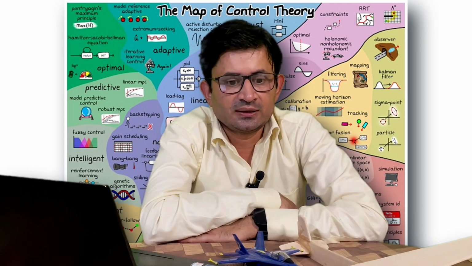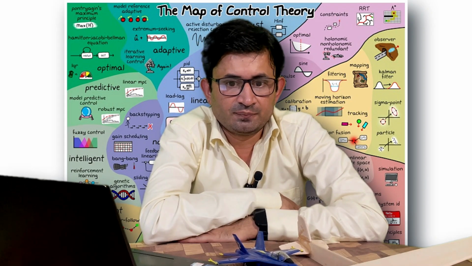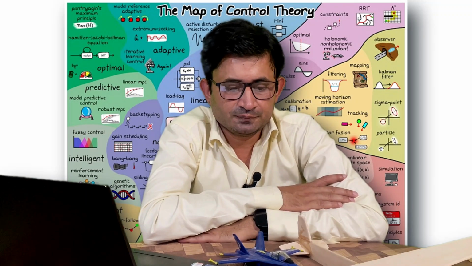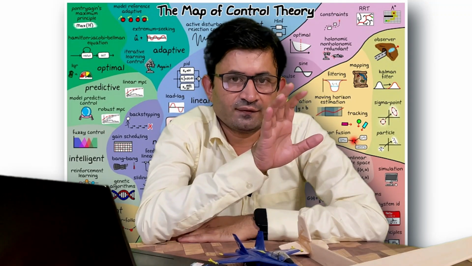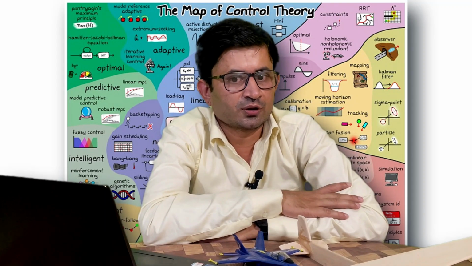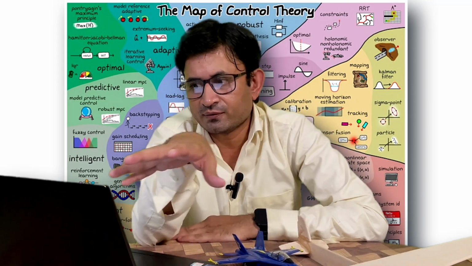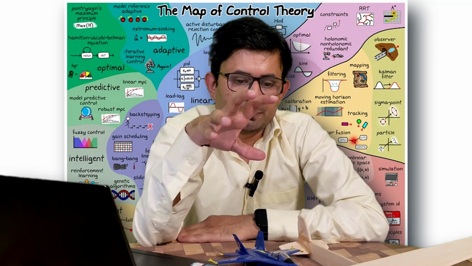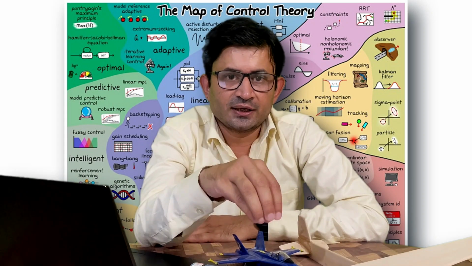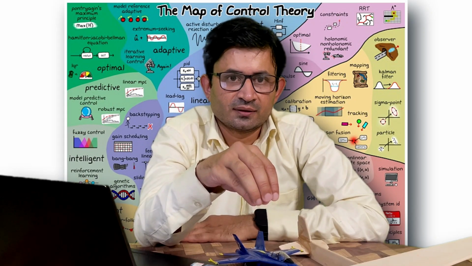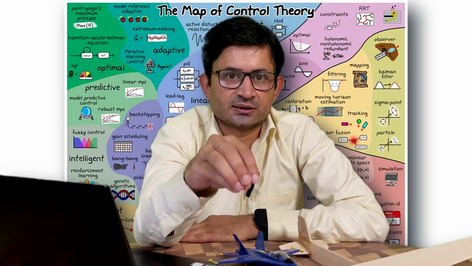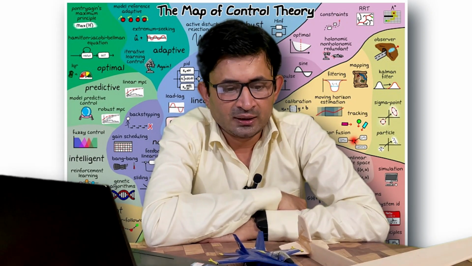I hope you have understood the purpose of the beta control loop and the washout filter. If you have any suggestion, you can put it in the comment section. If you have any problem understanding this, please ask us. We will try to explain in a very effective manner and provide all the necessary sources.